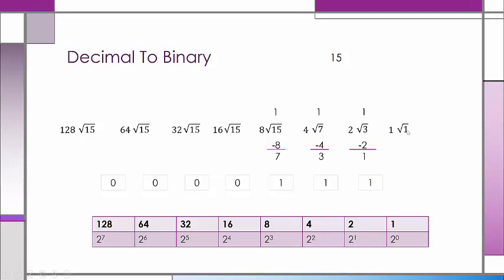So can 1 go into 1? Yes, it can. It goes in once with no remainder. So because we were able to use this 1, we put a 1 in this column. So the binary value for 15 is 0, 0, 0, 0, 1, 1, 1, 1. 4 ones, 4 and 4. So that's how you do it. Practice, practice, practice, and I'm sure you'll have no trouble doing it also.